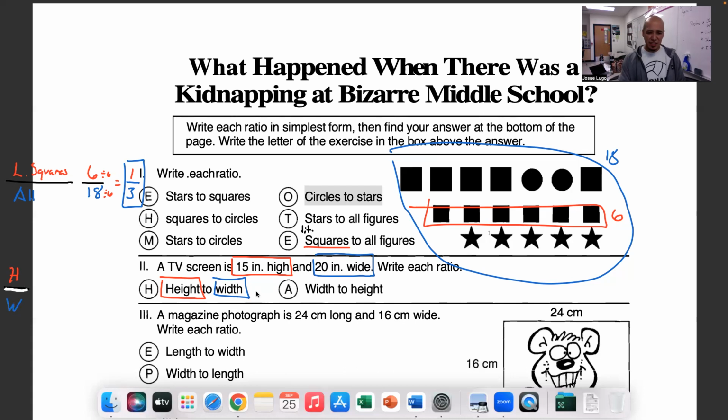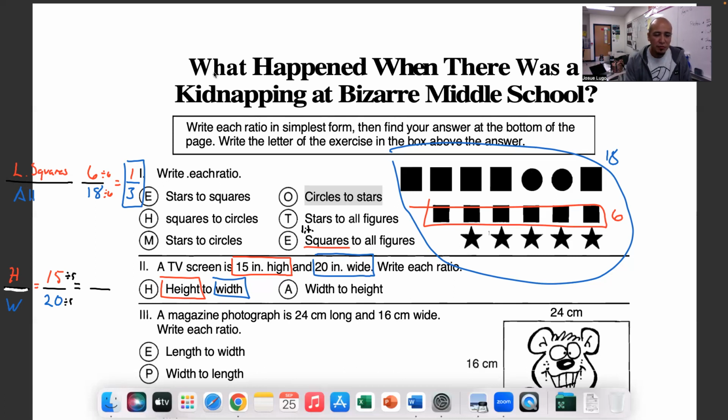And what is the height that is given to me? Well, the height is 15, right? And the width of this TV is 20. So the ratio is 15 over 20. The ratio of the height to the width is 15 over 20. However, ladies and gentlemen, we want to make sure that we do simplify that. Both of these are divisible by 5.